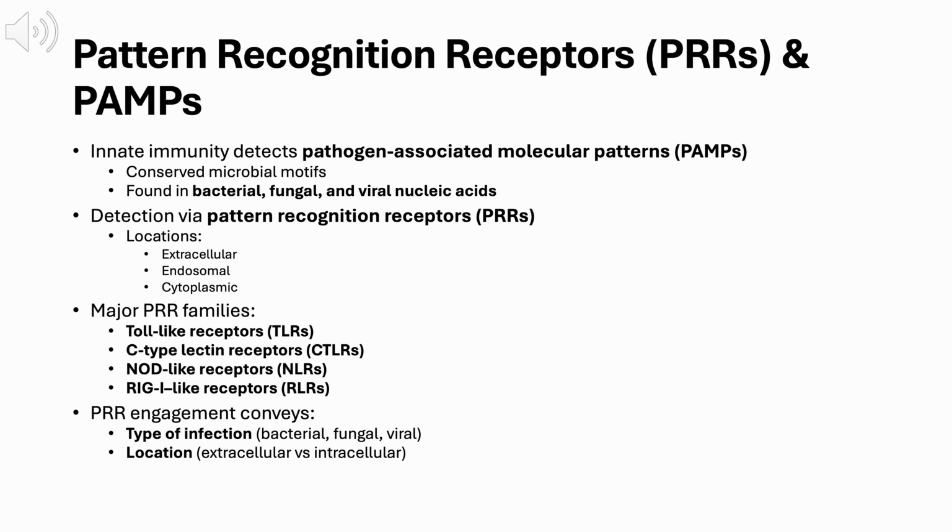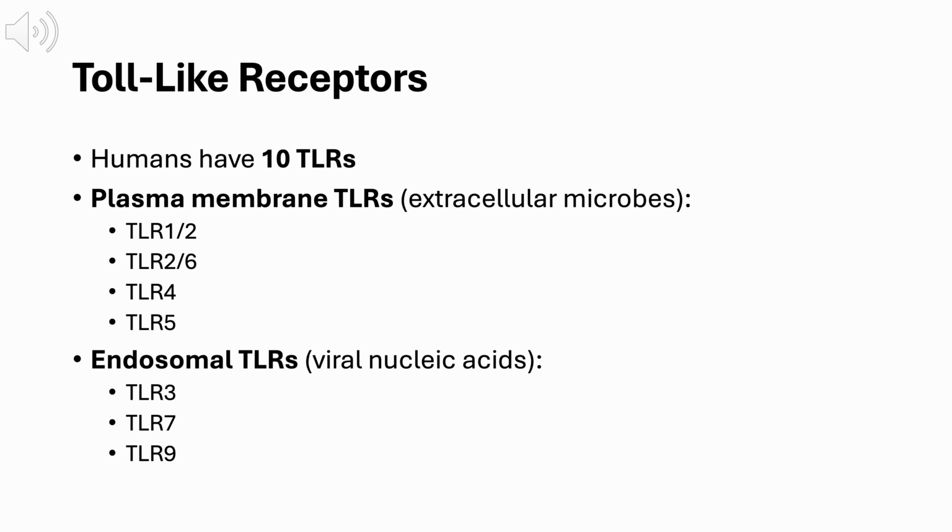Major receptor families include toll-like receptors, C-type lectin receptors, NOD-like receptors, and RIG-I-like receptors. Because these receptors occupy different cellular compartments and recognize different molecular patterns, their activation provides information about both the type of pathogen and whether it is located outside or inside the cell.